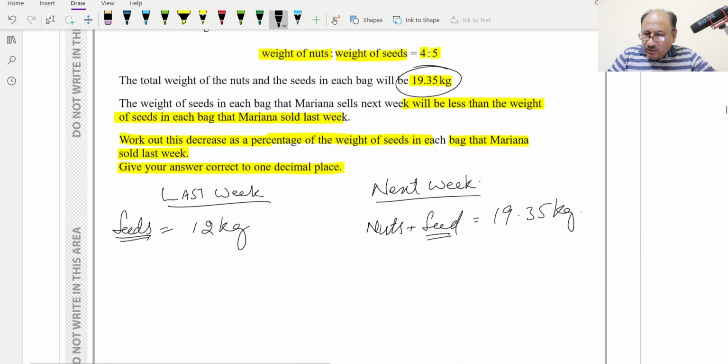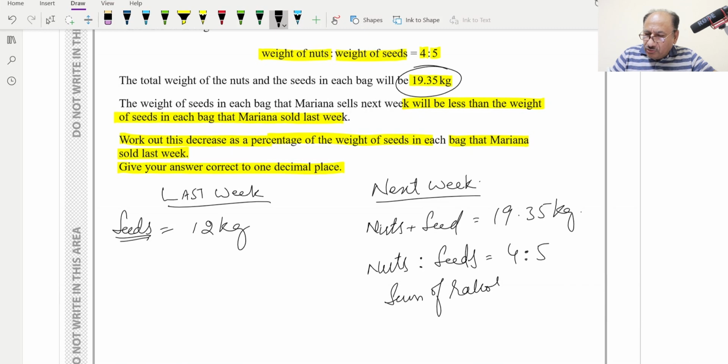So we'll have to identify how much is seeds in 19.35, which we will calculate by the ratio nuts to seeds, which is 4:5. So what is the sum of ratios? 4 plus 5 is equal to 9. So 9 is the sum of ratios.